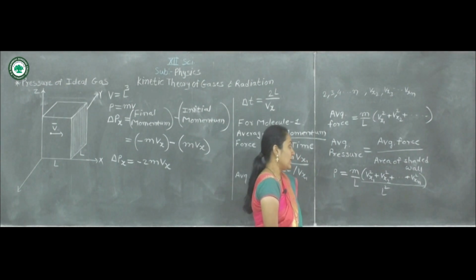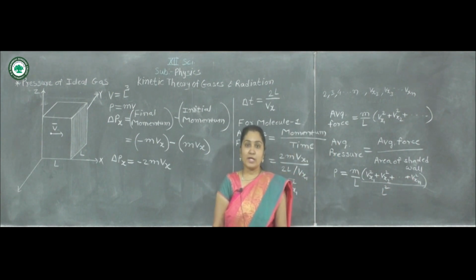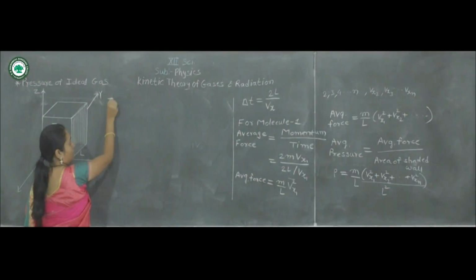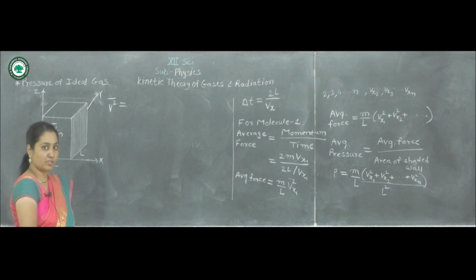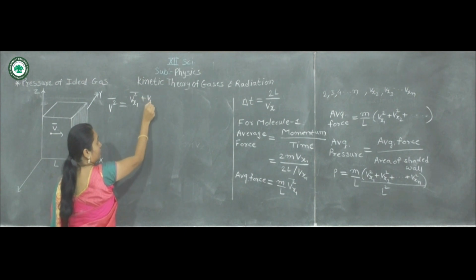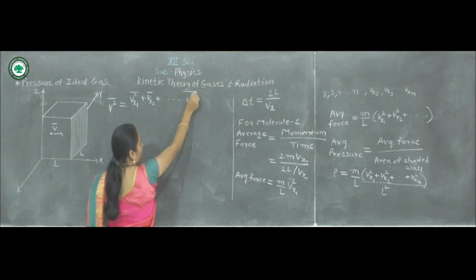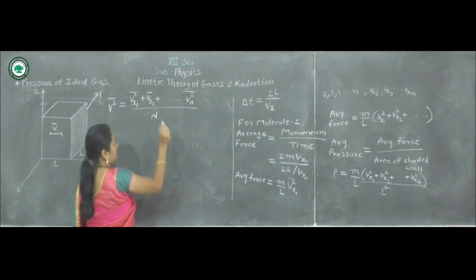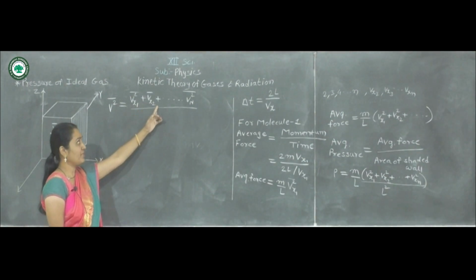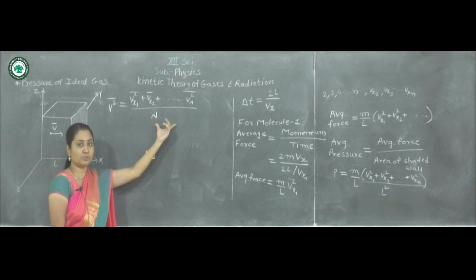So now these are the velocities for each molecule. So the average velocity for all molecules can be written as V square bar. So V square bar is equal to Vx1 square plus Vx2 square up to n molecules divided by the total number of molecules n.